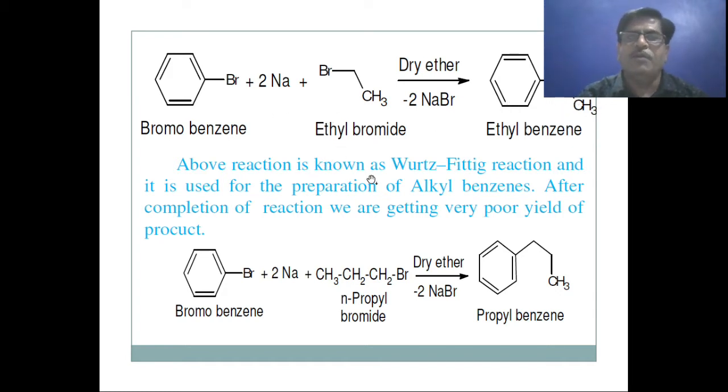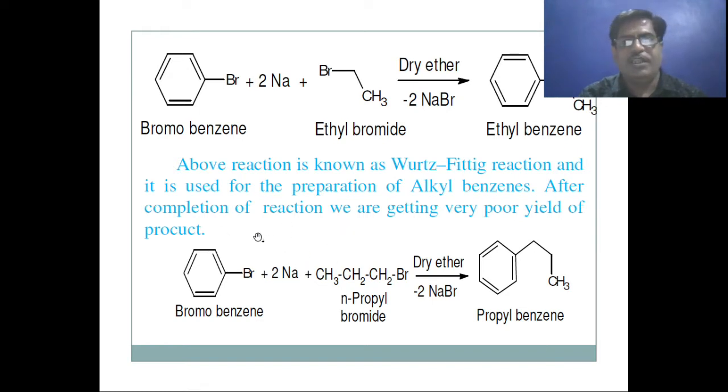The above reaction is known as the Wurtz-Fittig reaction, and it is used for the preparation of alkyl benzene. Alkyl means R, where R means methyl, ethyl, propyl. After completion of the reaction, we get a very poor yield of the product.